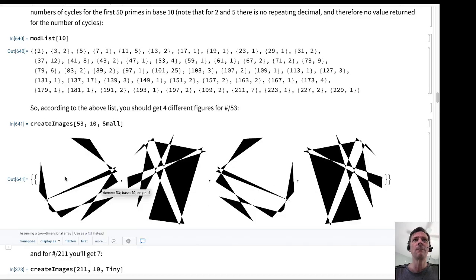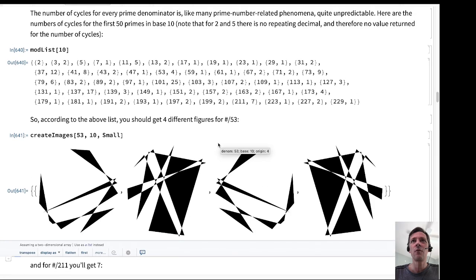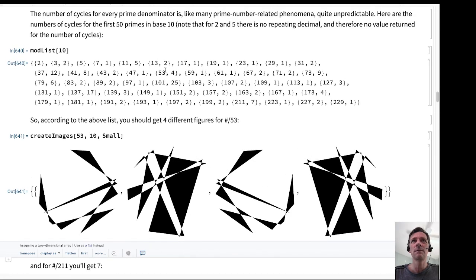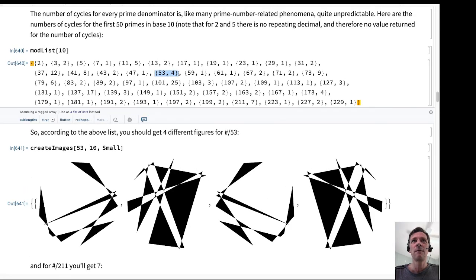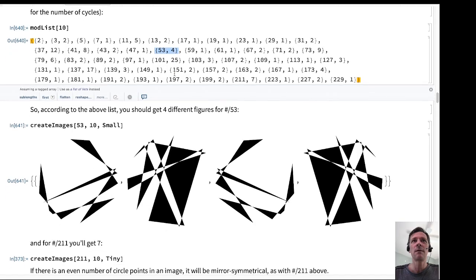They're pretty funky looking polygons. But each one of them has 13 points in it. 13 times 4 is 52. And so n over 53 makes 4 different polygons, and that's what it says up here.